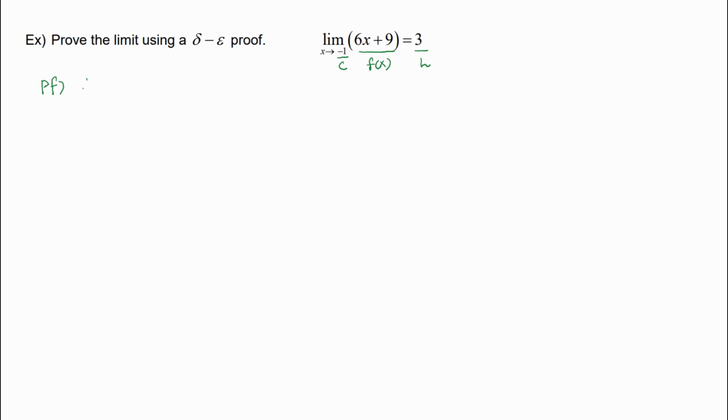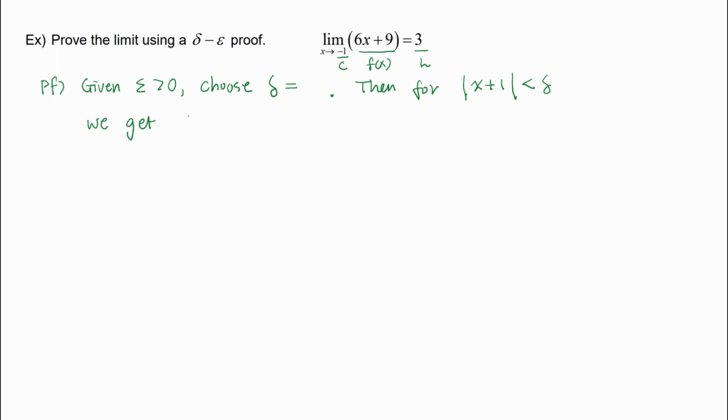How do we start? Given epsilon greater than 0, choose delta to be equal to, we don't know, we'll find out. Then, for absolute value of x minus c, my c is -1, so x minus minus 1 will give me x plus 1 less than delta.